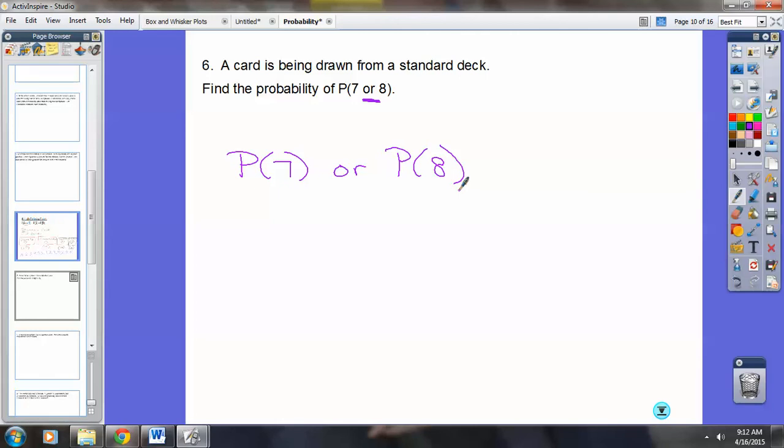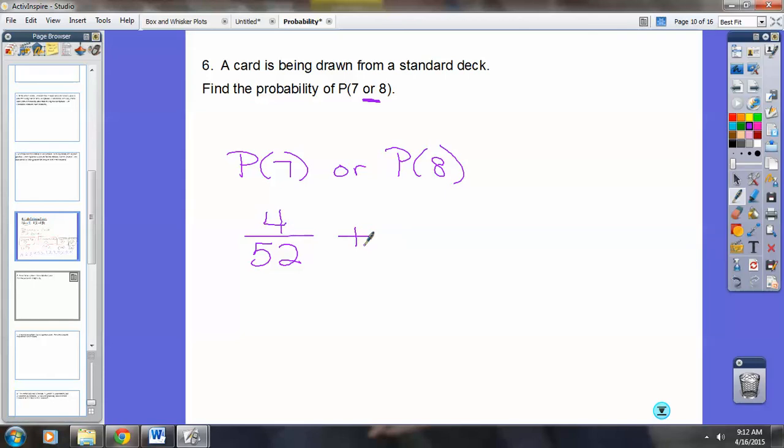Okay, so in a standard deck, how many cards are we looking at? 52. Of those 52 cards, how many 7s do we have? 4. There's 4 7s. We have a 7 of hearts, of diamonds, of clubs, of spades. We've got 4 7s. "Or" tells us that we're going to add.